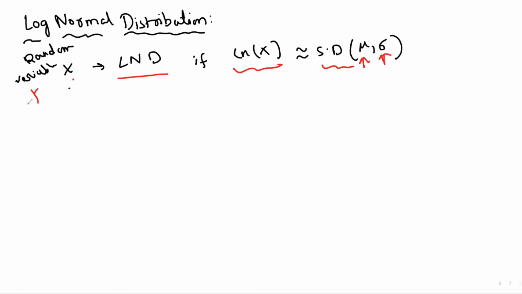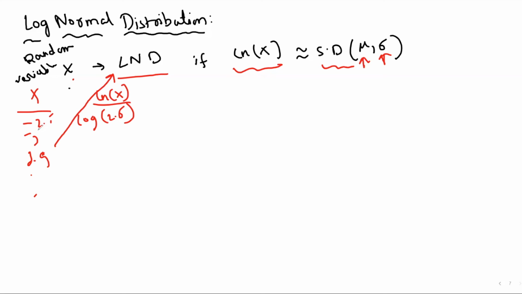So let's say I have an x and there are various values like 2.5, 3, 7.9, something like that. It will be said to follow this distribution if you take a log of this. So log of 2.5, let's say this is another variable you created, which is ln x.